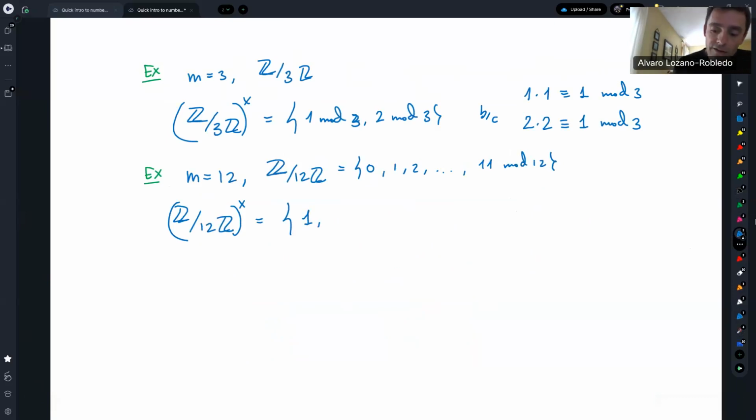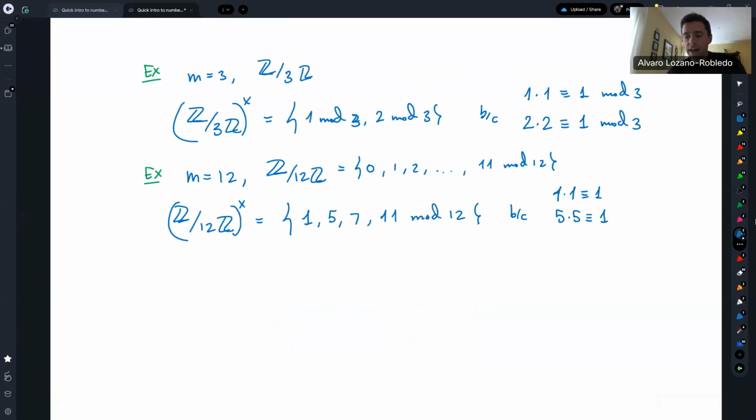So 1 is relatively prime to 12, not 2, not 3, not 4. 5 is relatively prime, not 6. 7 is, not 8, not 9, not 10, but 11 is. So there are 4 units, and we can check that those are actually units because 1 times 1 is 1. 5 times 5 is 25, which is 1 mod 12. So 5 turns out to be its own multiplicative inverse.